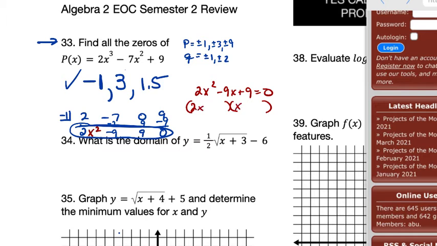It's going to be 2x and x. To get a 9, I'm thinking a 3 and a 3. This will give me 6x and 3x, and they add up to -9 in the middle. So once I got it factored like that, I can see now the solutions, 3 over 2 and 3 are the other ones. So that's how you crank it out without a calculator.